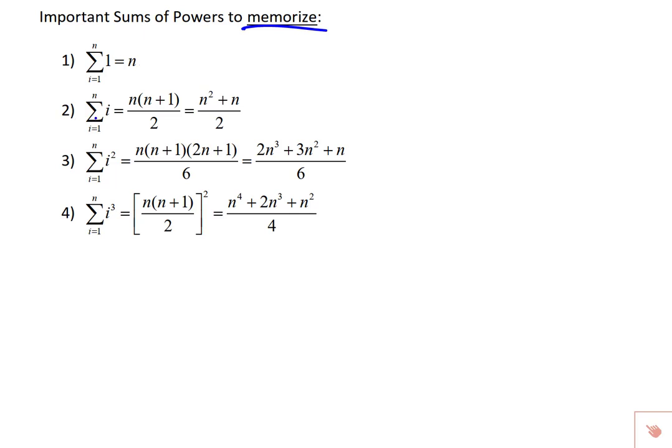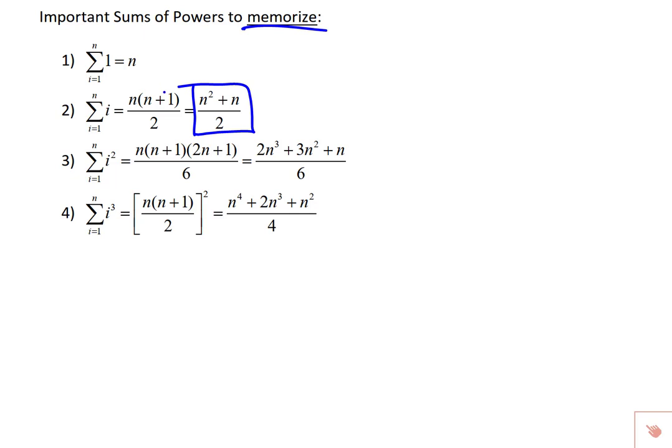Secondly, the sum from i equals 1 to n of i is the quantity n times n plus 1 in parentheses all over 2. Now, if you distribute this n in the numerator, you can get a secondary form of this, which is really n squared plus n all over 2.